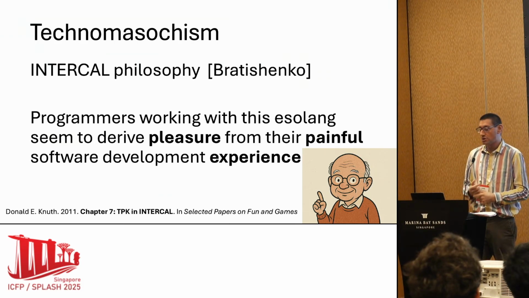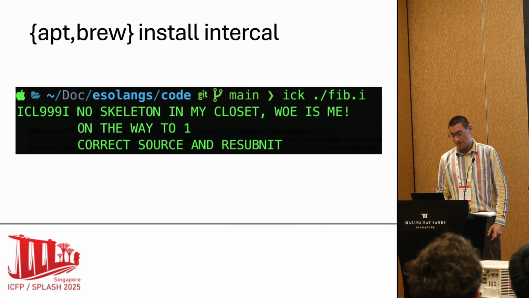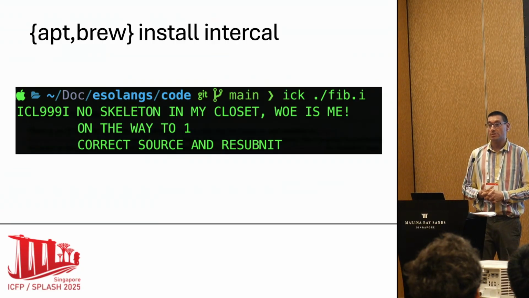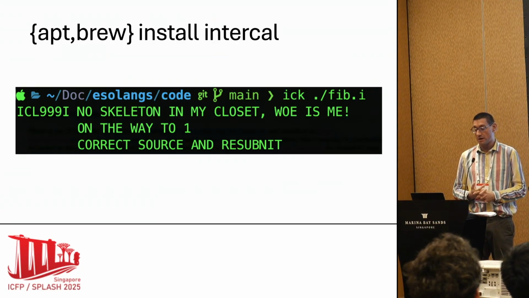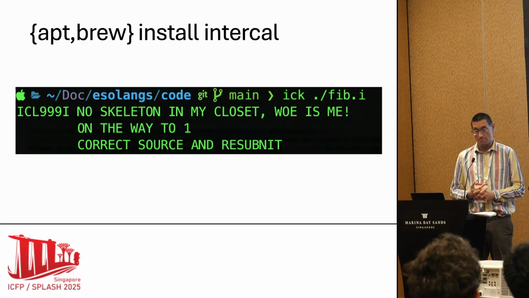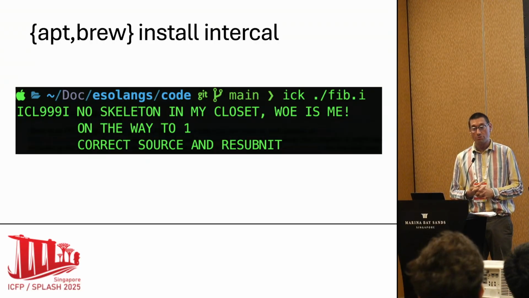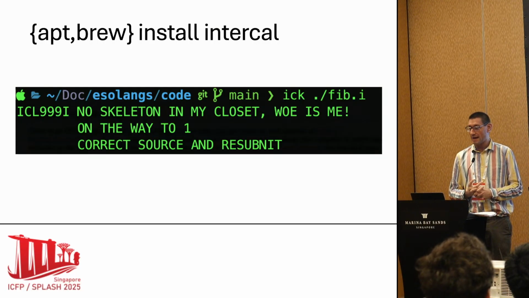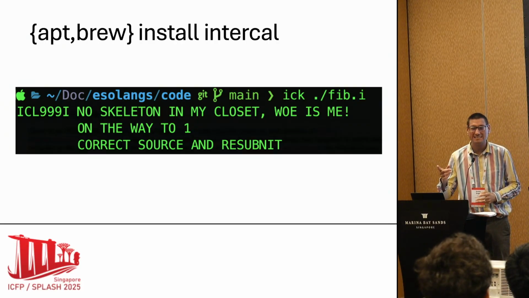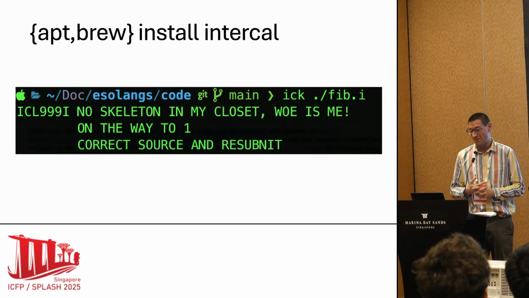If you like the look of Intercal, thanks to Eric Raymond, there is a C language implementation of the compiler and the runtime, and you can just apt install it on Ubuntu or brew install it on your MacBook, although I think it only works on legacy Intel Macs and not on ARM Macs, which is very sad.